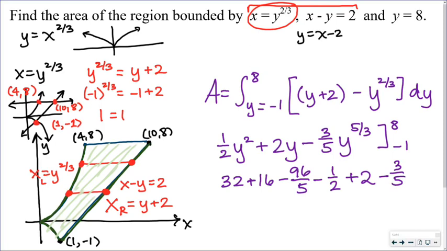And so I think this winds up being 29 7/10, or 297 over 10.